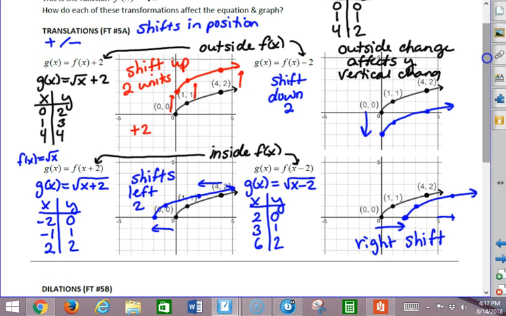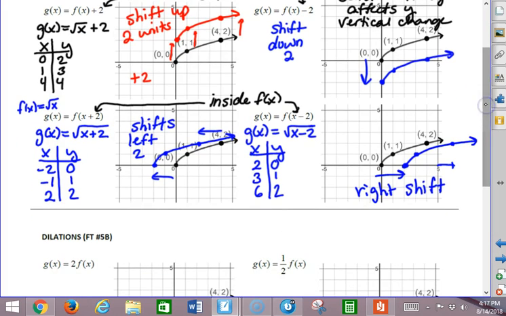In this case, up and down, shifting up and down. An inside change, inside the function, affects x. In other words, we have a horizontal change, back and forth, side to side.